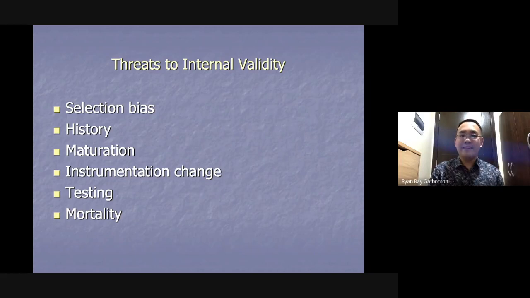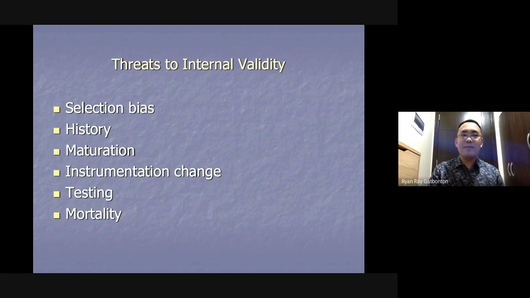Okay? The third threat to internal validity is your maturation. Maturation refers to the natural process of obtaining the same outcome that you are studying. For example, you studied a healing cream, whether it hastens the healing of wounds. But then we all know that all people have the capacity to heal wounds.